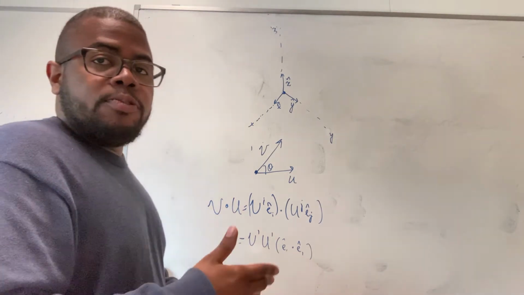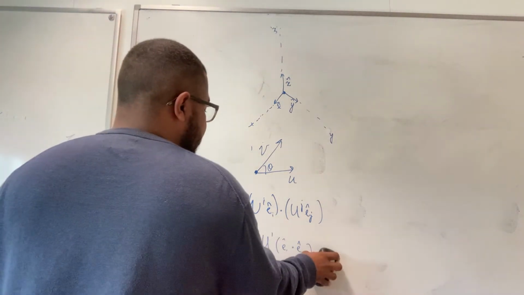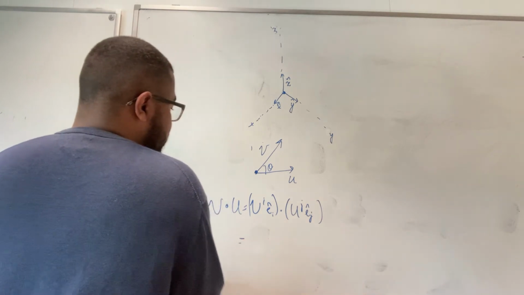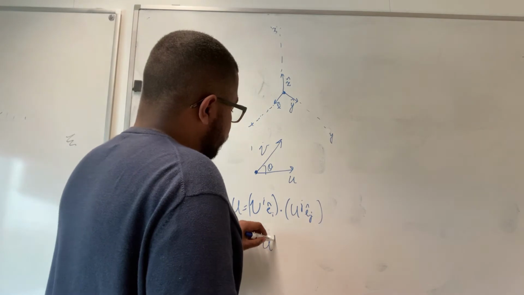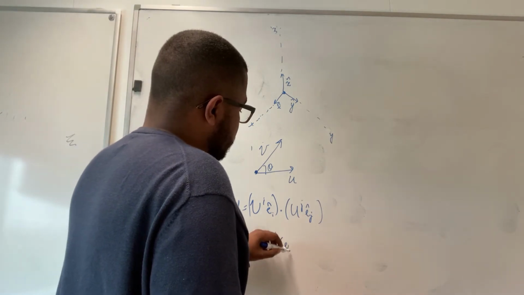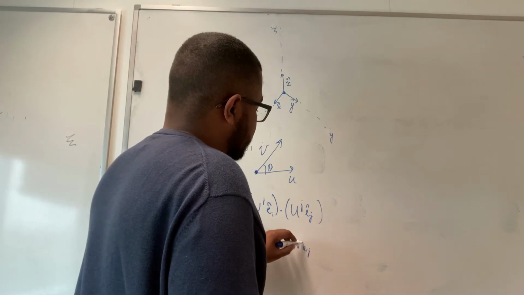The way in which you can use index contraction to note this is by writing this, of course, as simply Vi Uj Ei hat dot Ej hat.